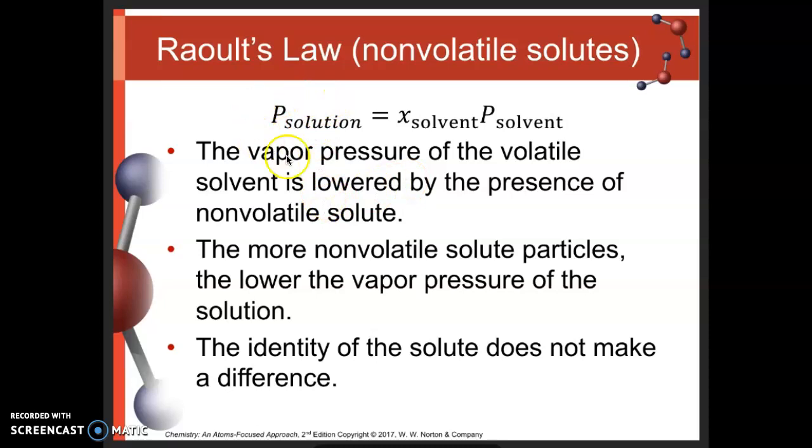Raoult's law says that the vapor pressure of a solution is equal to the mole fraction of the solvent multiplied by the normal vapor pressure of the solvent. And so this value here, the vapor pressure of the solvent, this is a reference value.